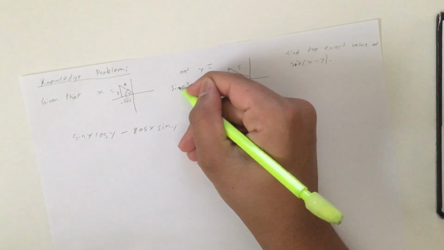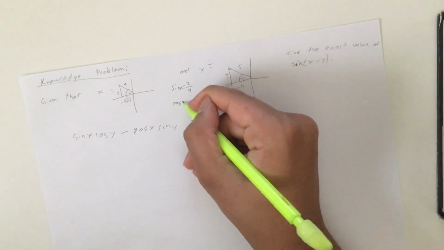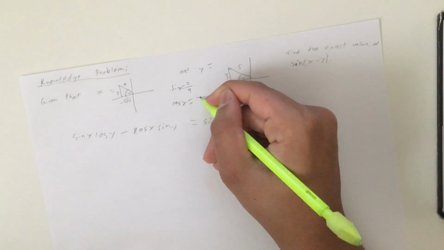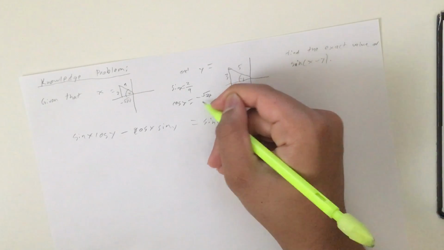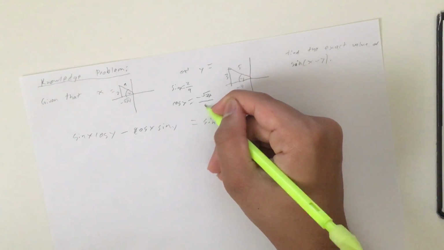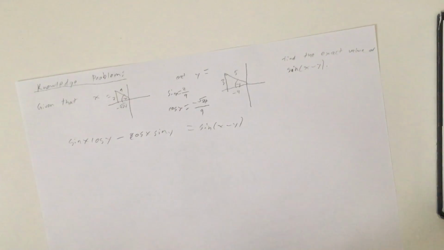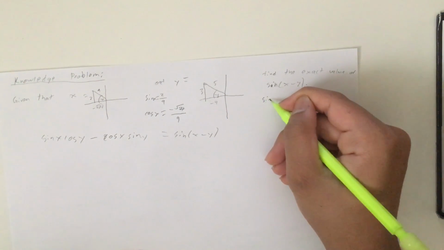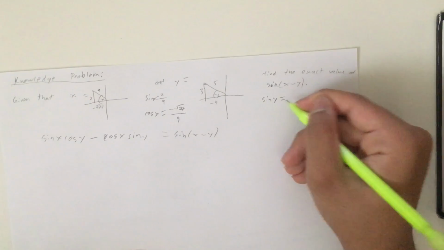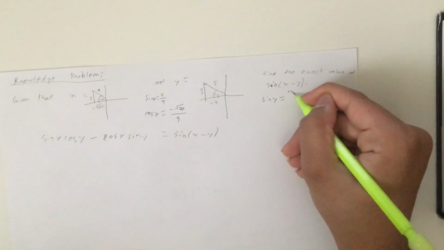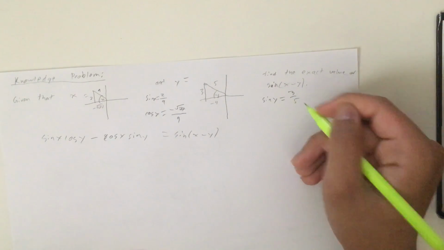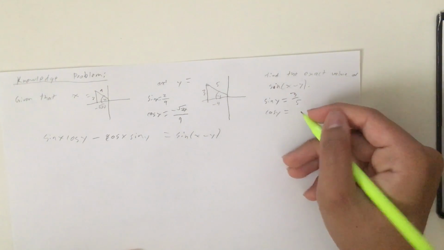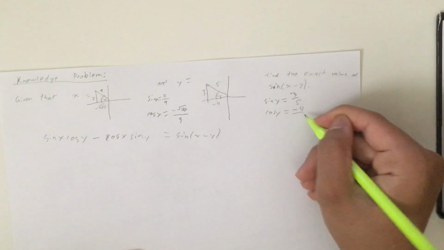Then cos of x equals adjacent over hypotenuse, so it'd be negative square root of 77 over 9. And for this triangle, same thing. So sin y, since this is the y triangle, would equal 3 over 5. Then cos of y would equal negative 4 over 5.